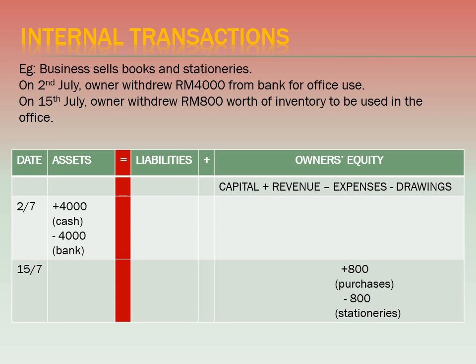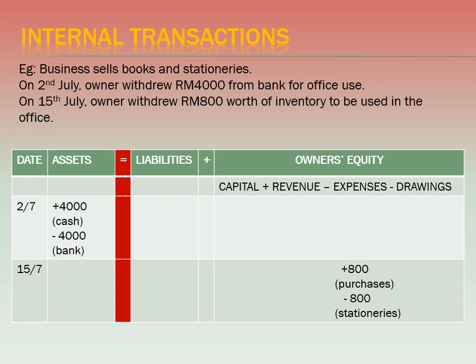However, for the 15th of July, when the inventory has been reduced, the inventory that has not been sold yet will be recorded in the purchases account, and purchases is in the expenses classification. So whenever expenses are reduced, you will put a minus sign.